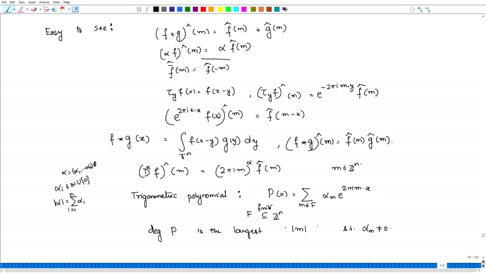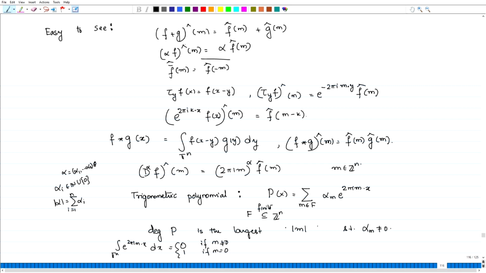And one of the most fundamental properties we have seen is that the integral over T^n of e to the power 2 pi i m dot x dx is equal to 0 if m is not equal to 0 and equal to 1 if m is equal to 0.